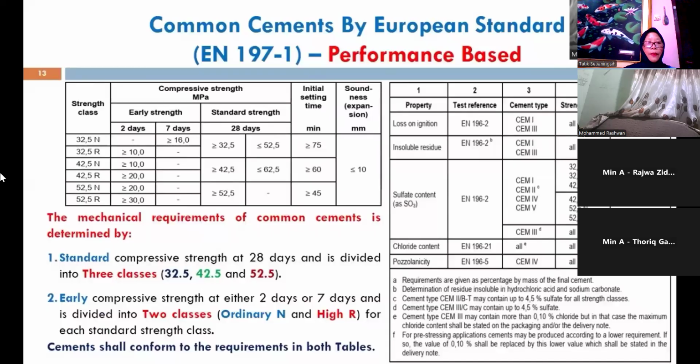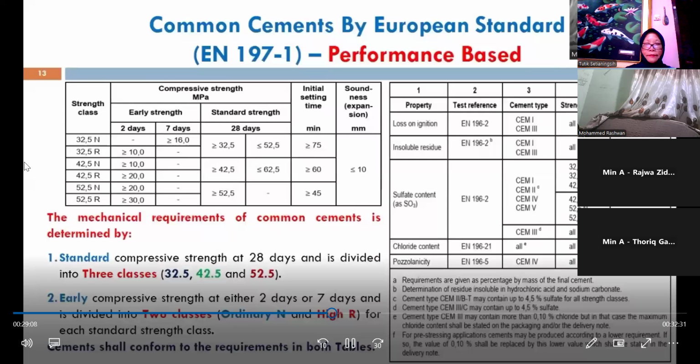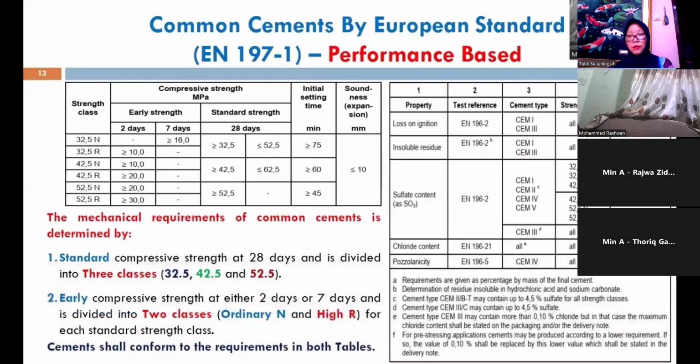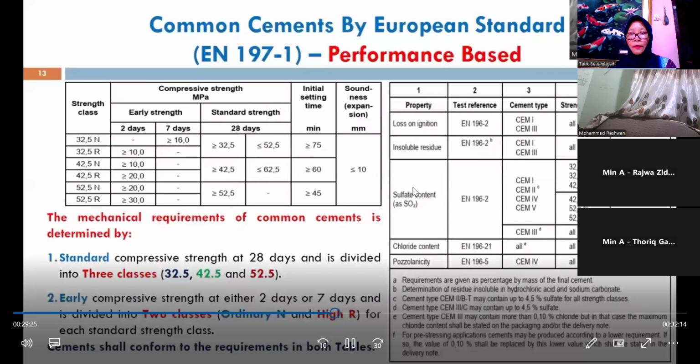And finally, for 52.5, the initial setting time must be more than 45. And for expansion in millimeters, for all classes, the expansion of the mortar must not exceed 10 millimeters.